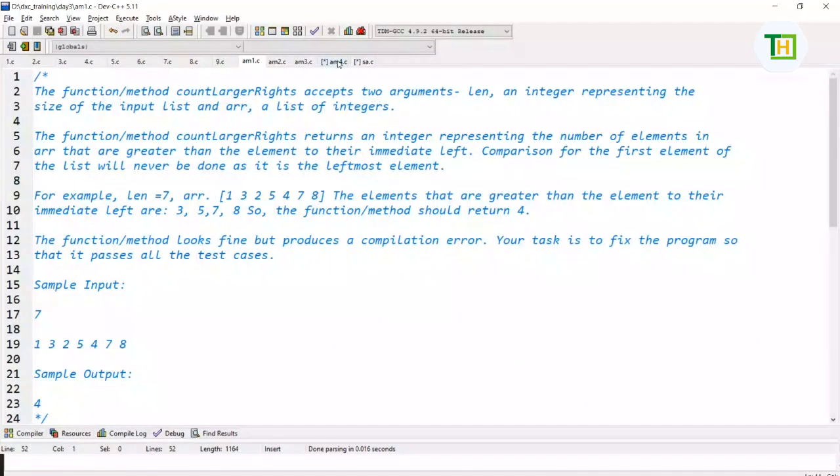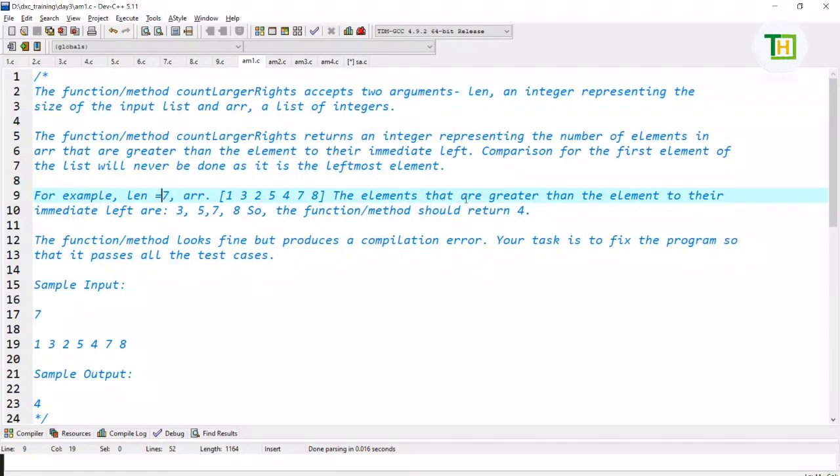The first question is the function countLargerRights. The function name is countLargerRights. It accepts 2 arguments, the length and an integer representing the size of the list or array. The length is n here, and there are some elements like this.